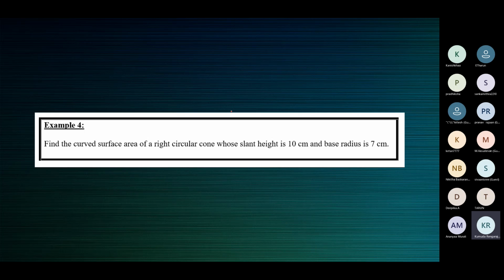What is the formula, children, to find the curved surface area of a right circular cylinder? Pi RL, ma'am. Is R given to you? Yes, ma'am. L? Yes, ma'am. That's it. Pi RL will give you the answer.